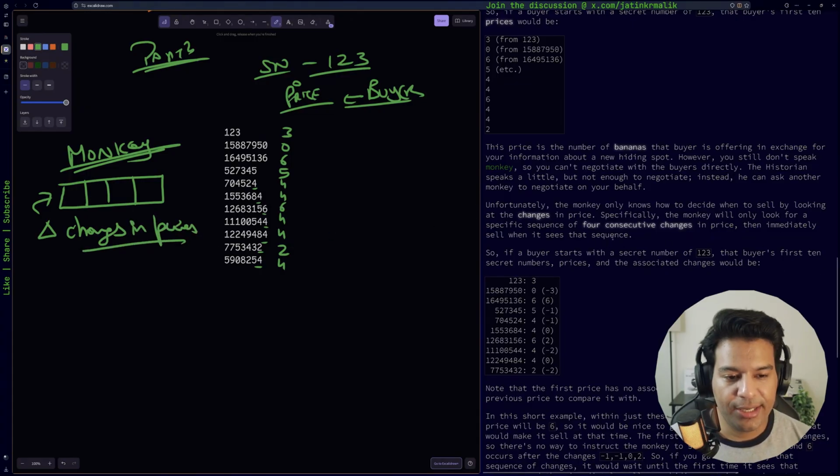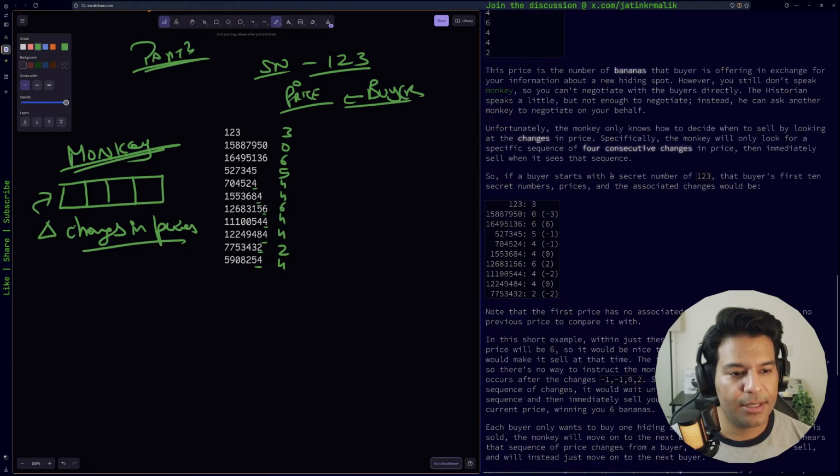And then immediately sell when it sees the sequence. Okay. So if a buyer starts with the secret number of 123, the buyer's first 10 secret numbers, prices, and the associated changes would be 3, 0, 6, 5, and in the brackets it is writing the difference. So if I use some other color, we can see that our differences are here.